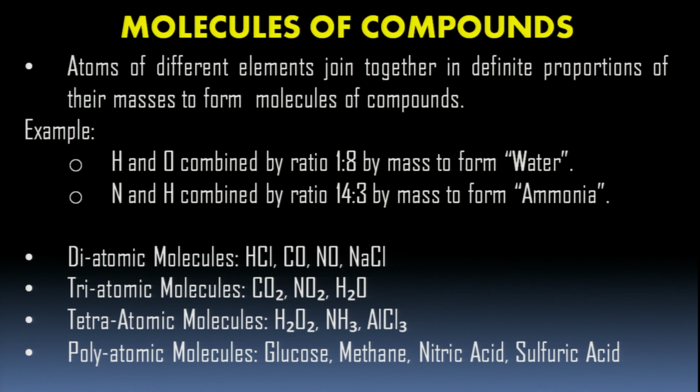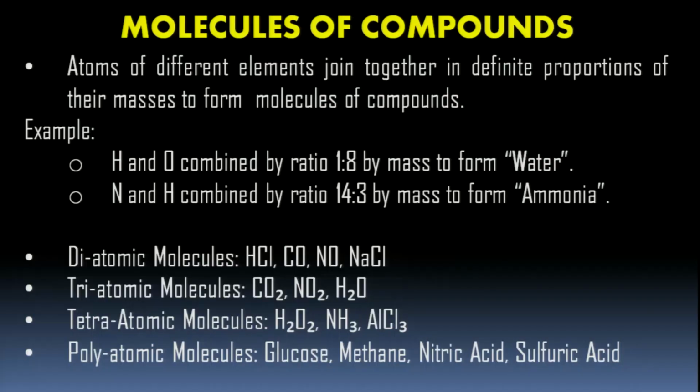For this, children, let me tell you once more, you have to remember the atomic masses. So make a list of it and go through it when you get time. The atomic mass of nitrogen is 14 and that of hydrogen is 1 u. And here we are considering 3 atoms of hydrogen, NH3, so they are in the ratio 14:3 by mass.